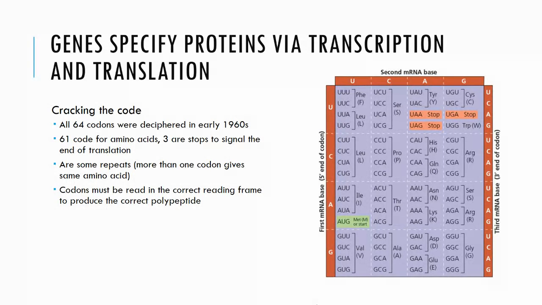There are some repeats, meaning more than one codon gives the same amino acid, and the codons have to be read in the correct reading frame, or in the correct group of 3, to make the correct polypeptide. And you'll notice that there is only one start codon that signals start translation, and it is methionine. So for all the proteins that are made, that will be the very first amino acid.